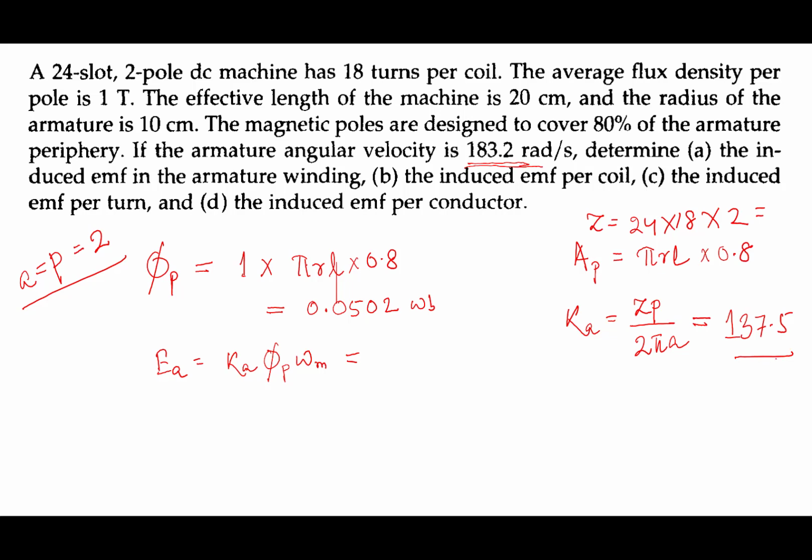K is how much? 24 into 18 into 2, because each turn has 2 conductors. 137. Okay, so it will be 137.5.